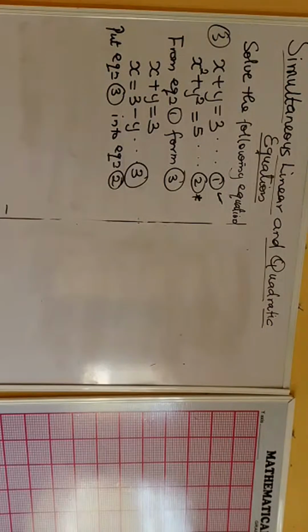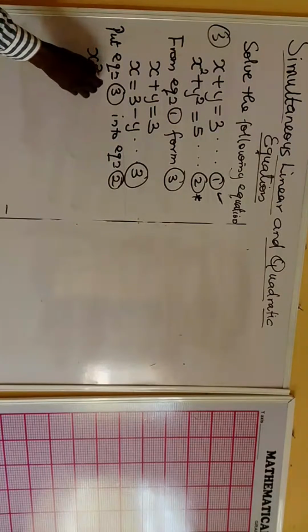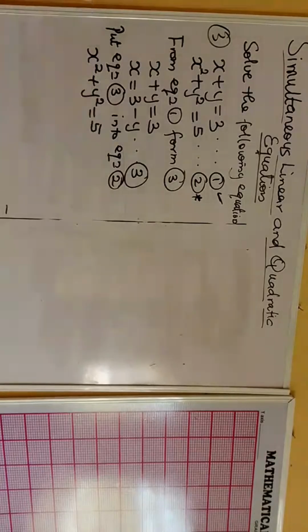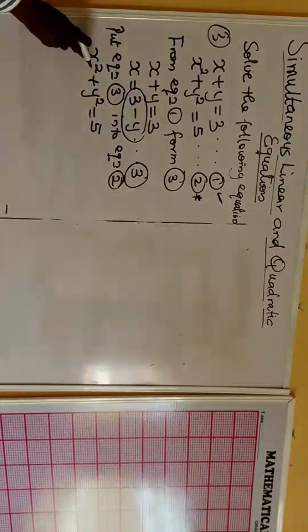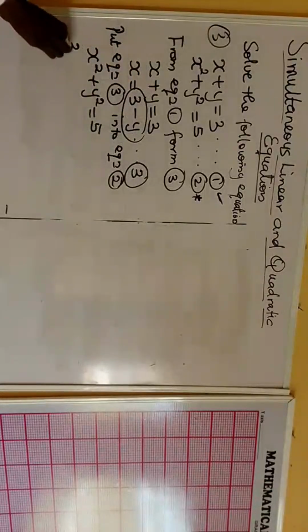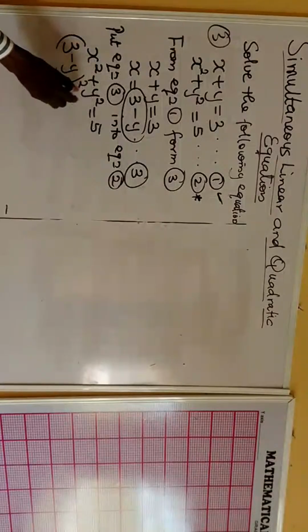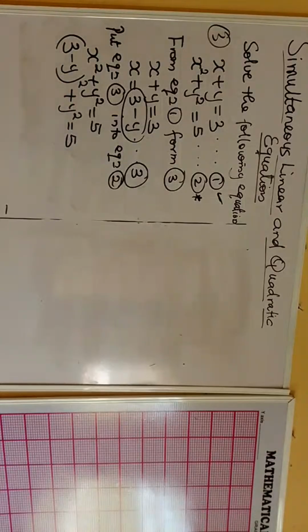Equation 2 is x squared plus y squared is equal to 5. And what is x? Look at x here. So anywhere I see x, I will put this value, which is 3 minus y all squared plus y squared is equal to 5.